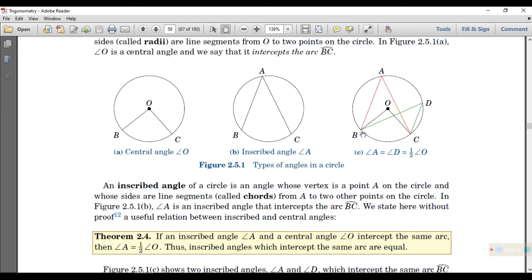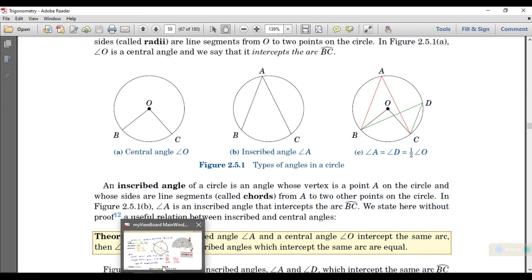So, ang measurement ni angle BAC ay parehas ng measurement ni angle BDC, which is half of the measurement of angle BOC. So, nakalagay dito, the measurement of angle A, the inscribed angle, is equal to the measurement of angle D, which is another inscribed angle, which is half the measurement of your central angle O, given that they are intercepting the same arc. Ang in-intercept nilang same arc dito ay si BC.